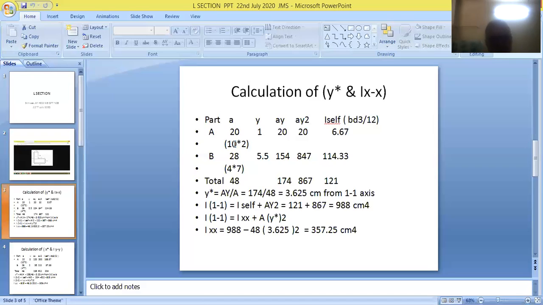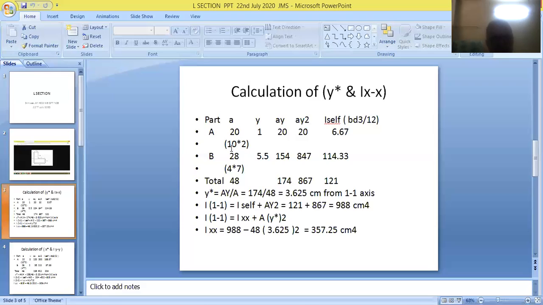So it's always better to write how you got this, 10 into 2, that will be equivalent to 20. 2 into 10 will also be equivalent to 20, but 10 has to be written in the first place and 2 will be coming in the second place.